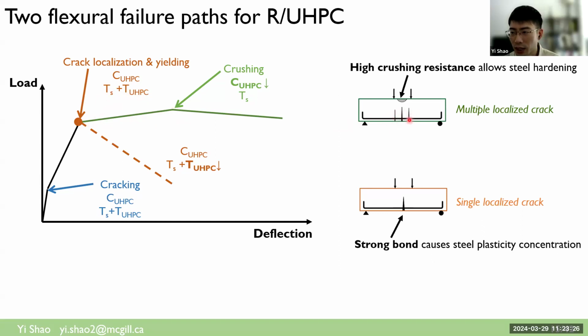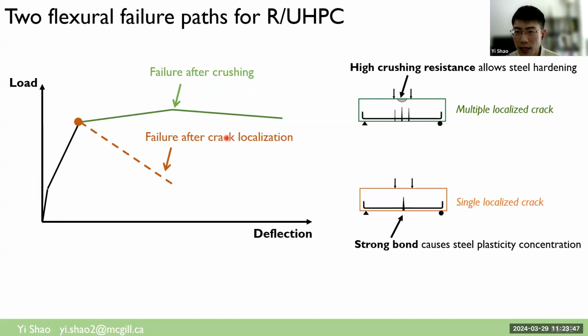We can force other crack planes to localize as well, spread the steel plasticity into multiple locations, and delay the steel fracture. And very importantly, the high crushing resistance of UHPC allows the steel to show significant hardening after yielding. So we term these two failure paths as failure after crack localization and failure after crushing.